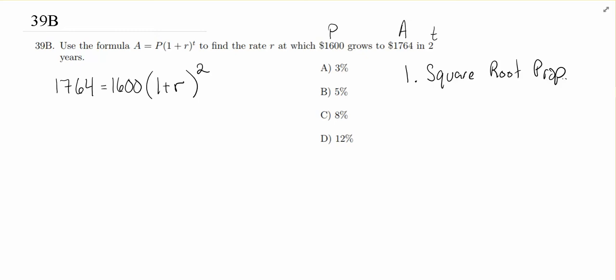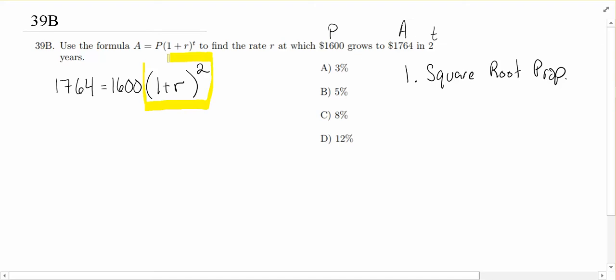So we have to look at this equation and say, can I easily get there? And the answer is actually yes. Because here's my perfect square. The only thing throwing me off from a perfect square is the fact that I'm multiplying it by 1600. And technically, since 1600 is a perfect square, we do have a perfect square on the right, but we're not going to go there.